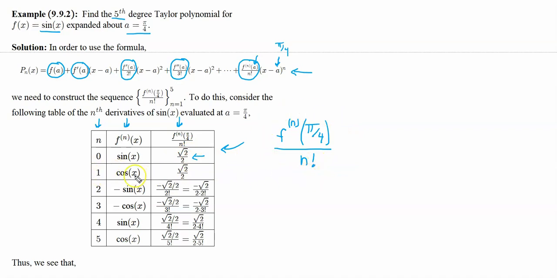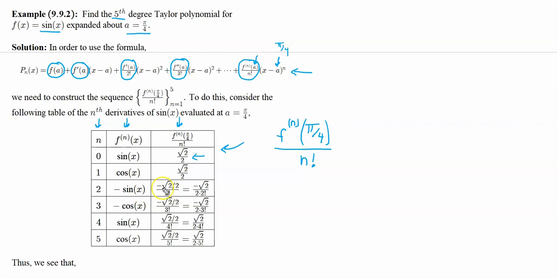Then when n is 1, we put pi over 4 in here for this x. Now the cosine of pi over 4 is also root 2 over 2. 1 factorial is just 1 again, and so we get just root 2 over 2 for our second coefficient. Then when n is 2, we put pi over 4 in for the negative sine of x.